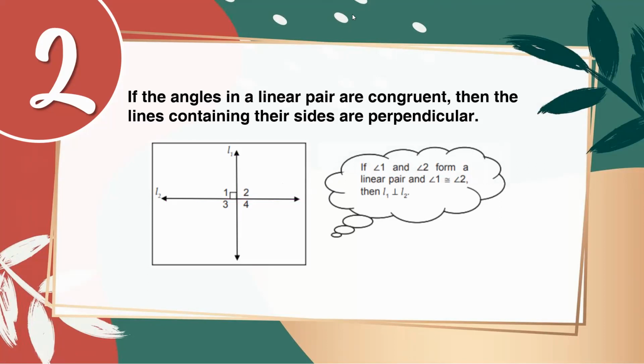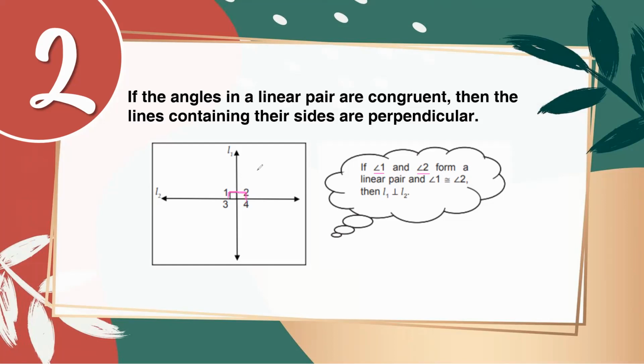If angle 1 and angle 2 form a linear pair and angle 1 is congruent to angle 2, then line L1 is perpendicular to L2. Angle 1 and angle 2 form a linear pair. Angle 1 is 90 degrees and angle 2 is also 90 degrees.